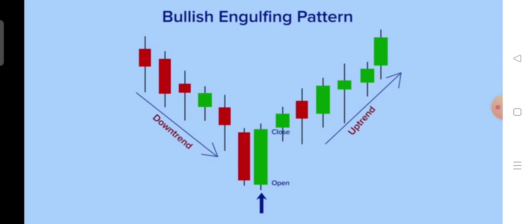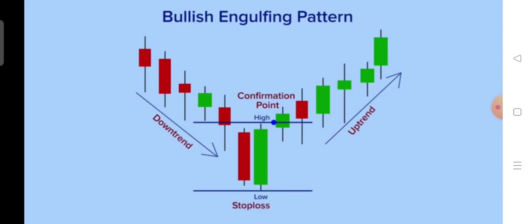Now, a confirmation of this pattern is generated when the price moves above the high of the two candles that create the bullish engulfing pattern, and the stop loss should be below the low of these two candles. So here, for entry and stop loss, we are looking at the highs and lows, not just the bodies, which are the basic criteria for creation of the pattern.